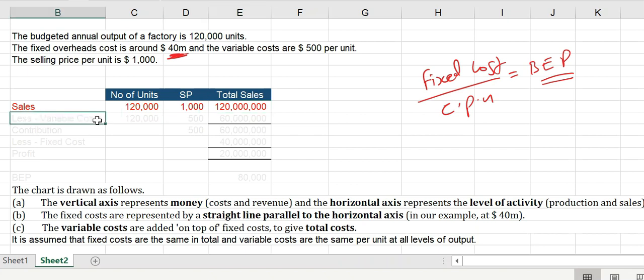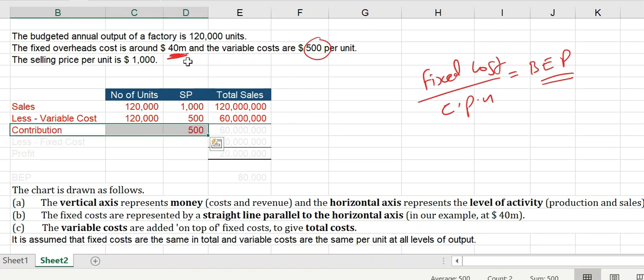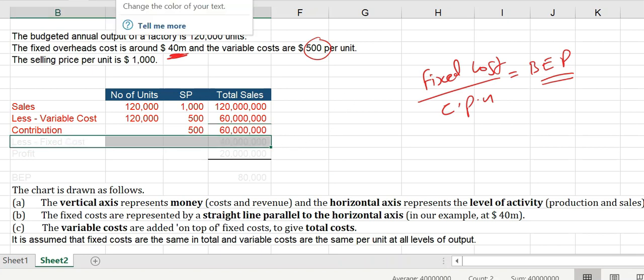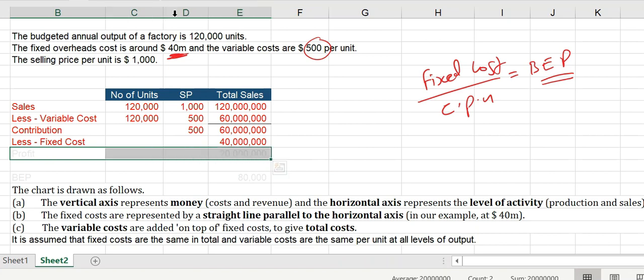Less variable cost, 120,000 times 500, which will give you 60 million. Then your contribution per unit is 500 and the total contribution value is 60 million US dollars. Simply you deduct the total fixed cost of 40 million, so that will give you the total profit of 20 million.